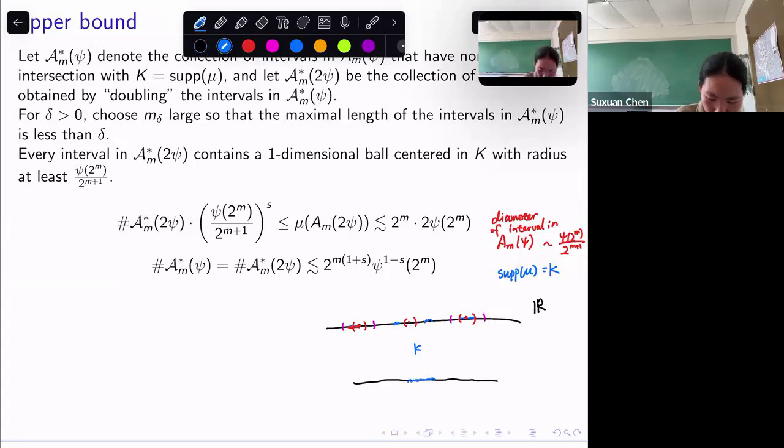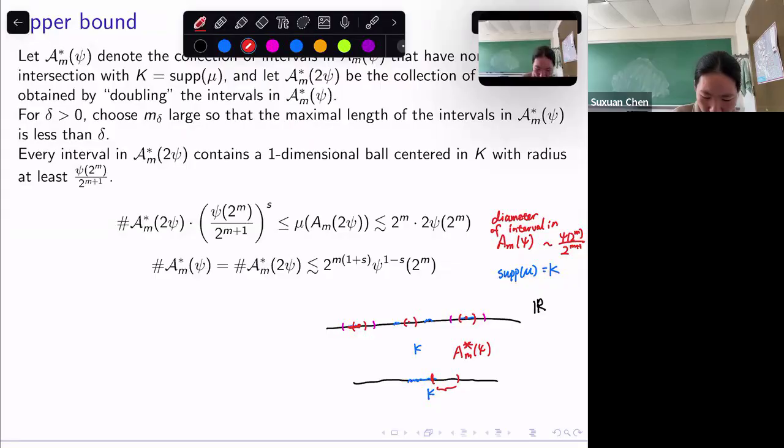Suppose we have this concentration of K, and suppose here we have an interval of AM star psi, which means it has non-empty intersection with the self-similar set K. In order to use the measure estimate of AM psi to get the cardinality of AM psi, we need to estimate the measure of this interval.